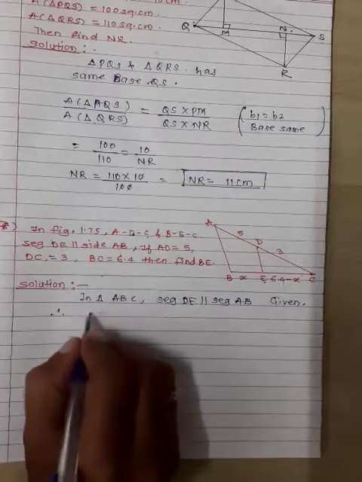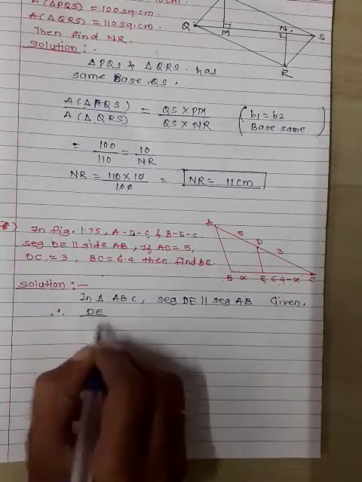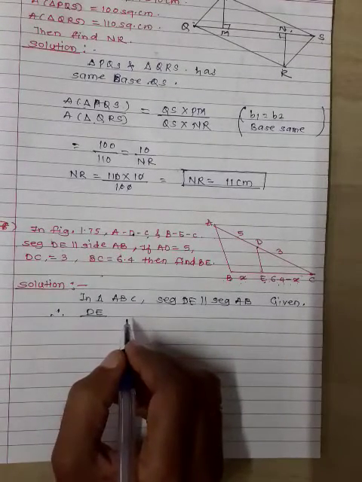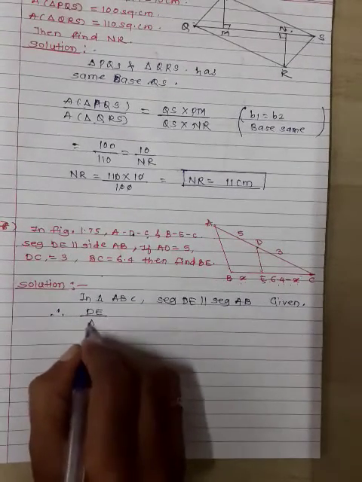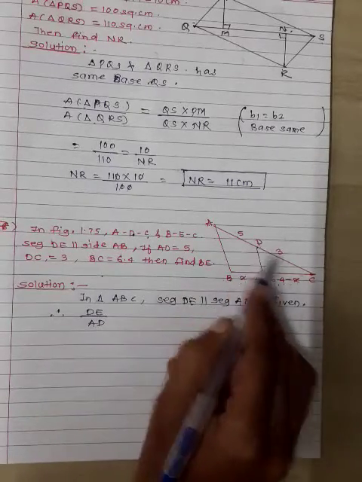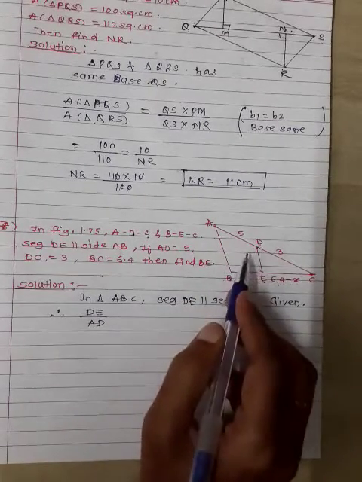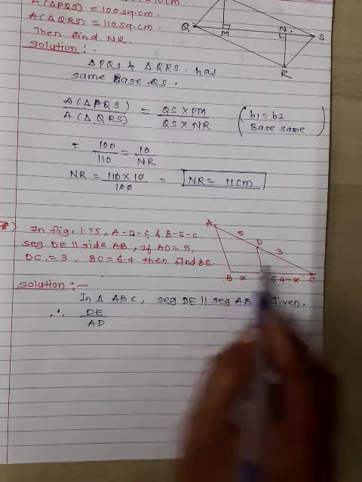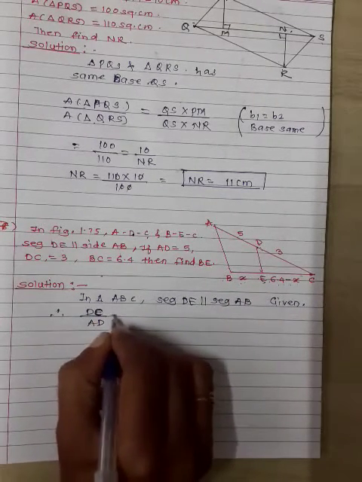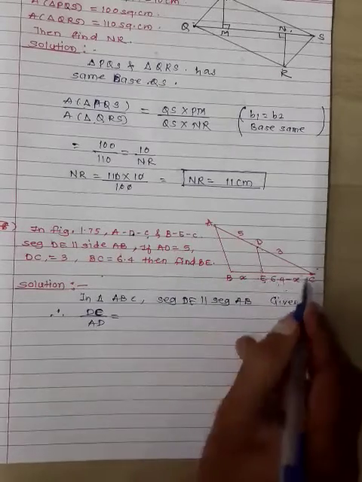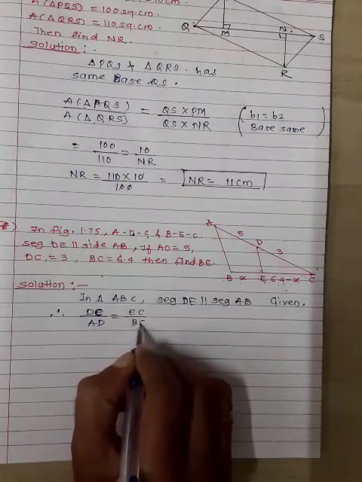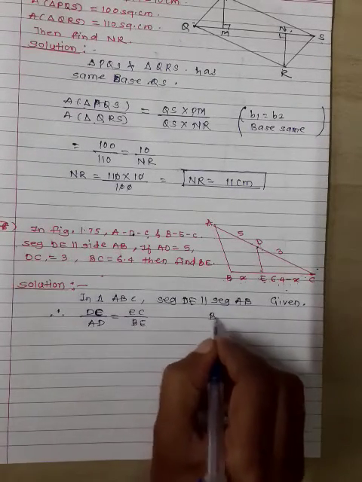Therefore, DC upon AD is equal to EC upon EB. This is the BPT theorem.